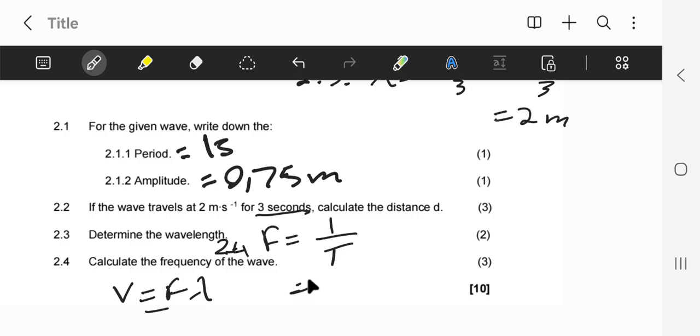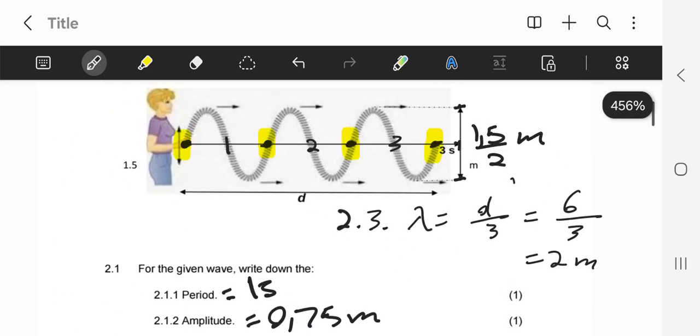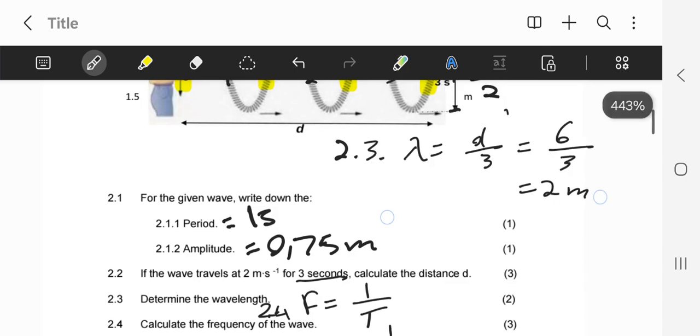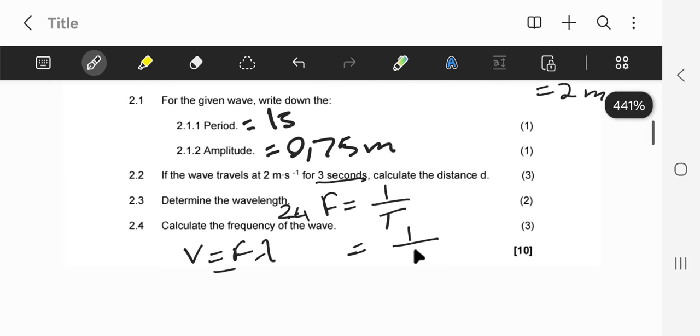For frequency, we need to know our period. If you recall, we said our period is 1 second, and it was here, right? So I can substitute here by 1, and I'm simply going to say 1 divided by 1, and I'm going to get 1, and frequency is measured in hertz.